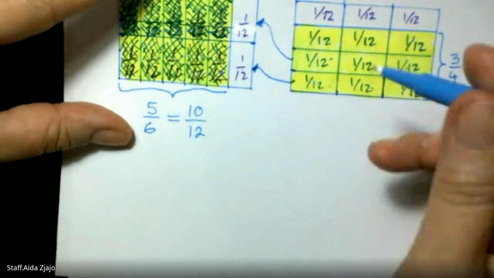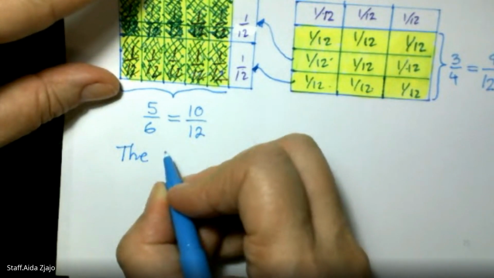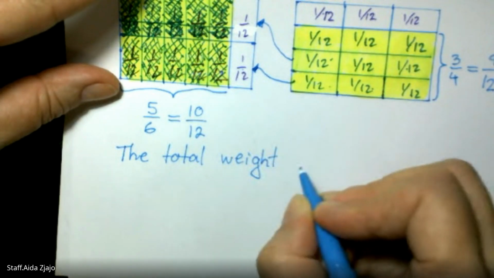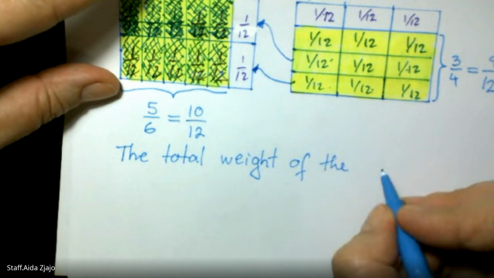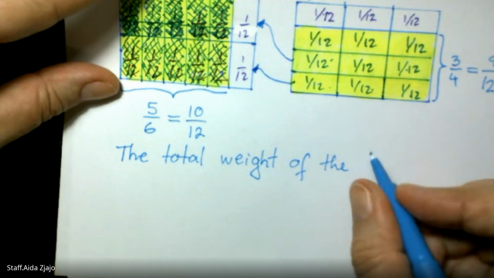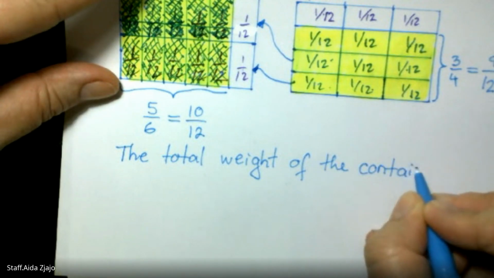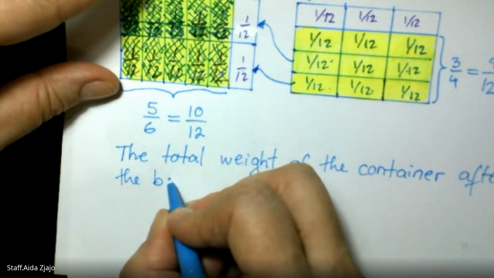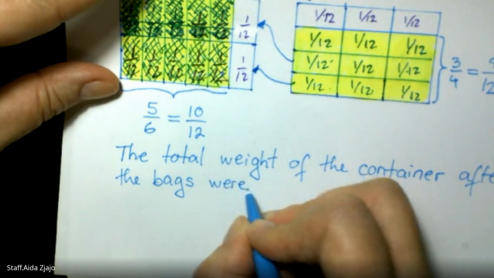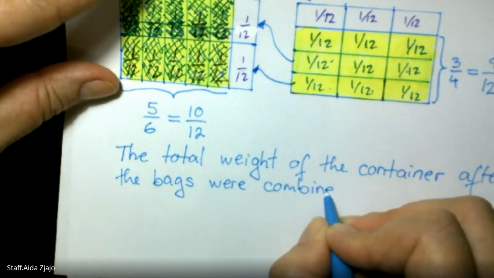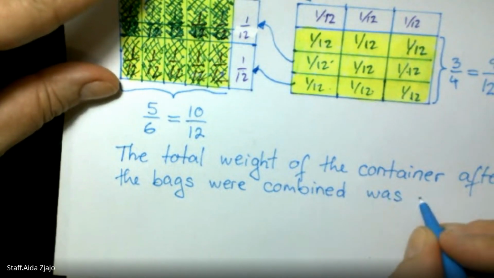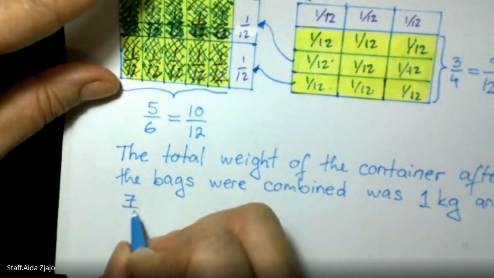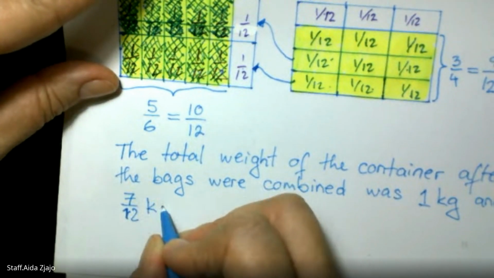So the total weight of the container after the bags were combined was 1 kilogram and 7 twelfths of the next kilogram.